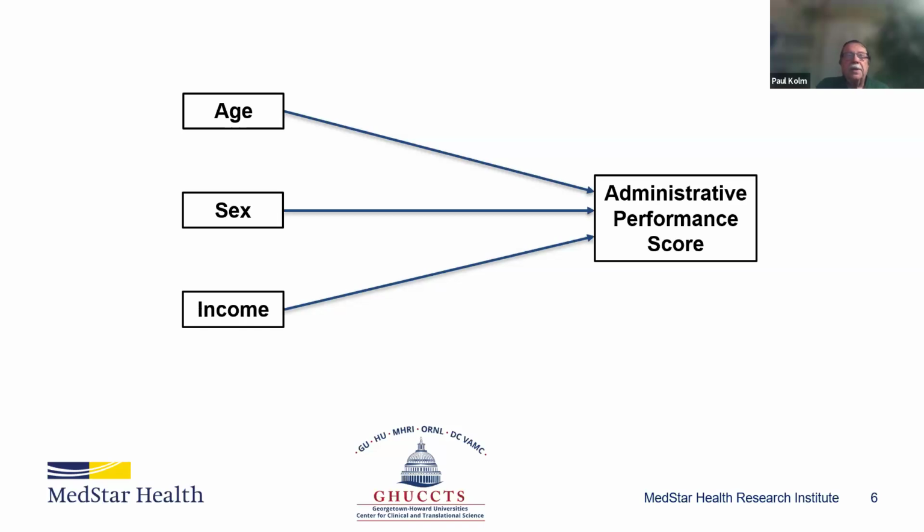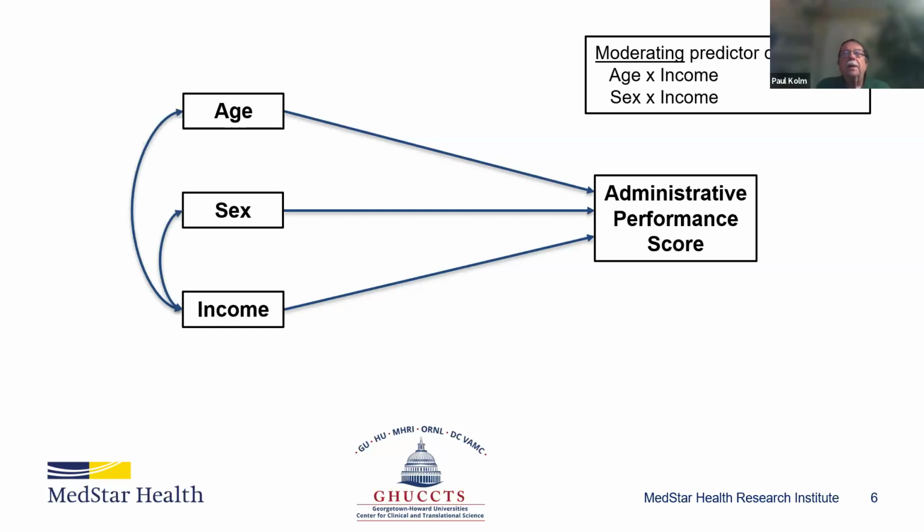Now, in this case, it might be that we have a relationship between age and income, and maybe between sex and income. And so our model here is going to be that age and sex are moderators of income. That is, they interact with income to predict performance score.